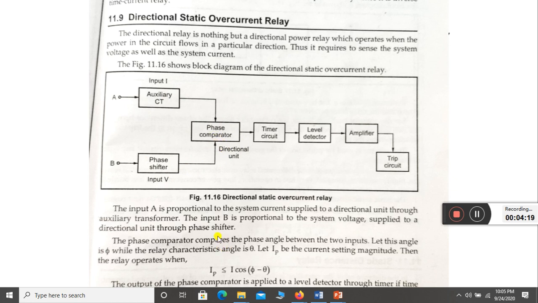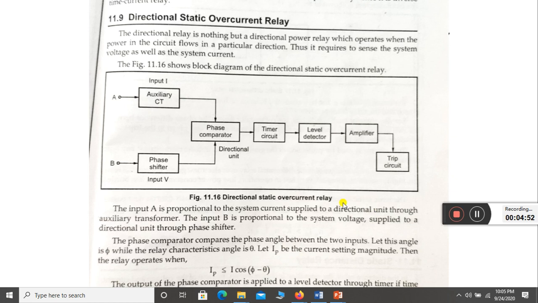Let us say the phase comparator compares the phase angle between the two inputs. Let this angle be phi, while the relay characteristic angle is theta. Let IP be the current setting magnitude. Then the relay will operate only if the set value IP is less than or equal to I cos(phi minus theta).